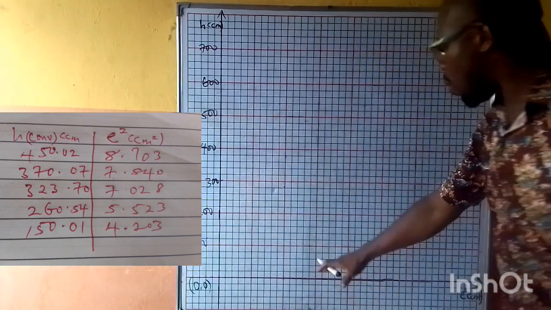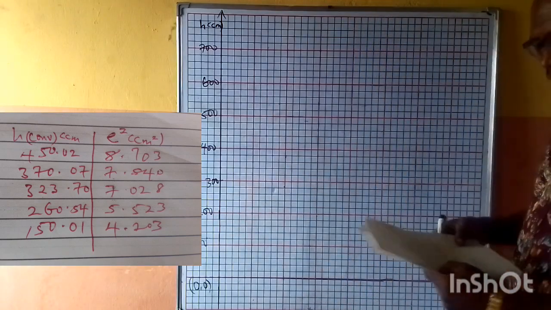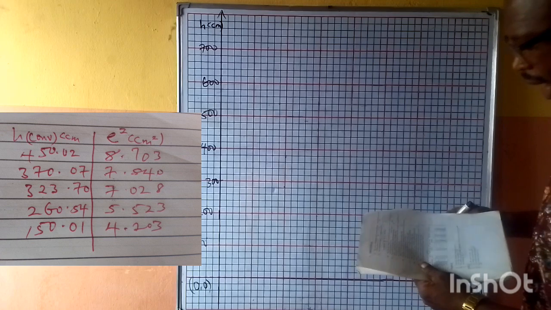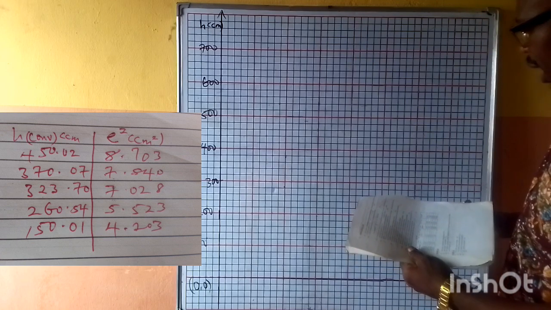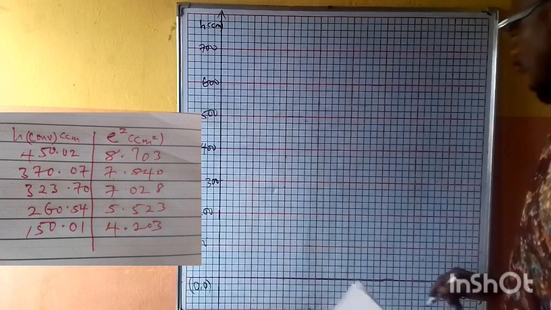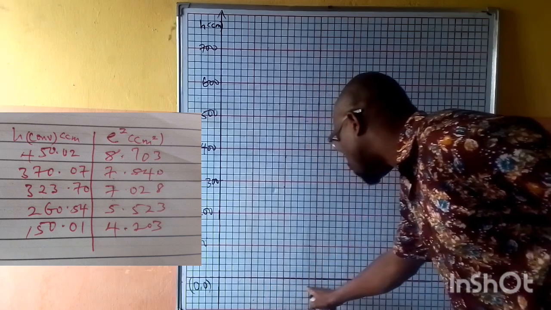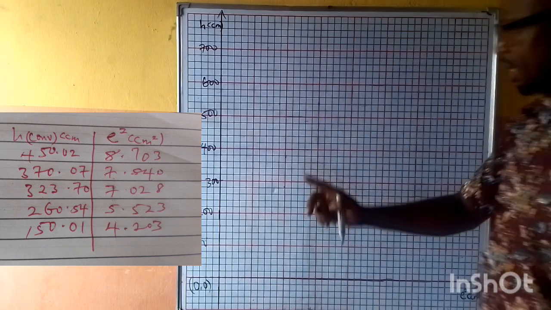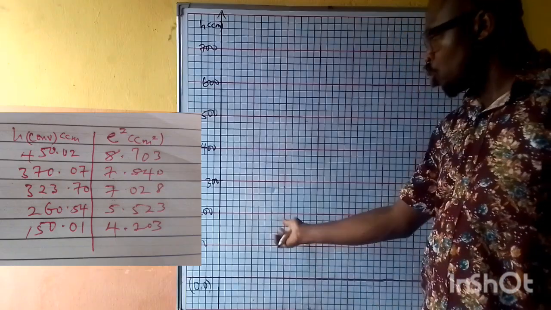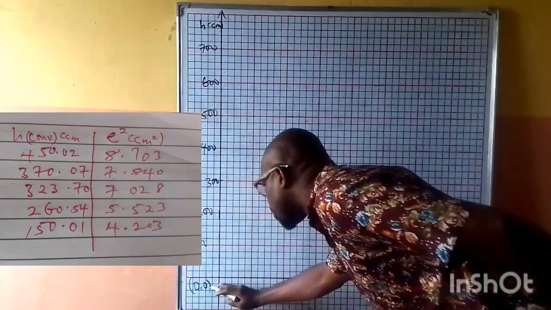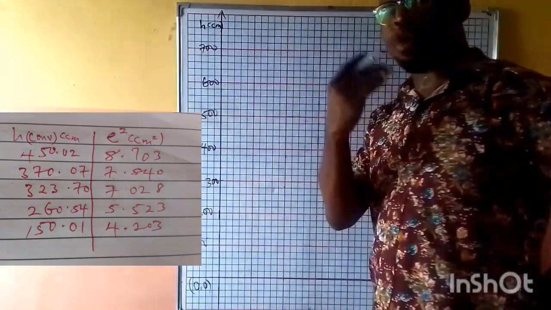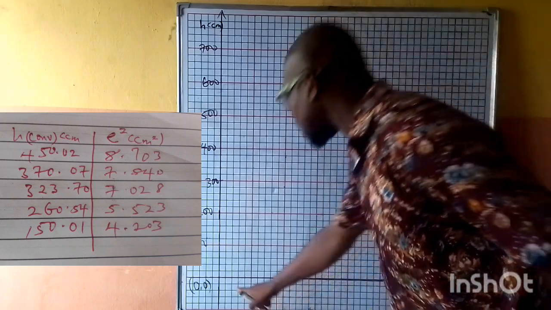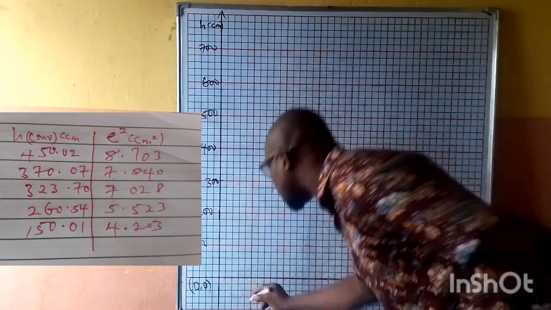Now, on the e squared axis, the highest value we have is 8.7. And if we should take 1, 2, 3, 4, 5, 6, 7, 8 to not be accommodated here, in other words, we are going to shorten it. We can say, of course, from your graph sheet, let this place represent 2.